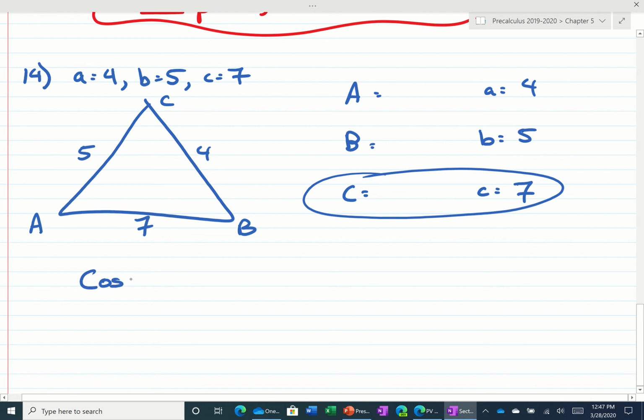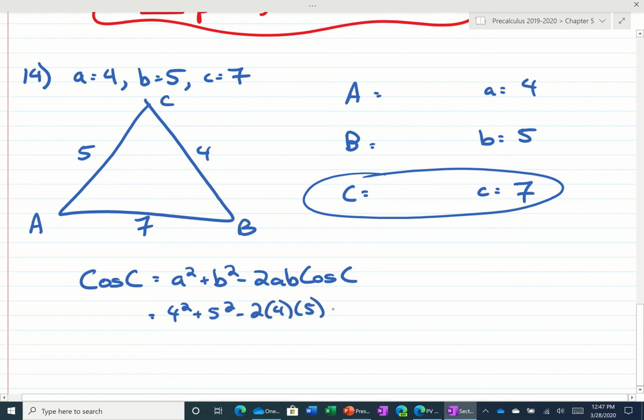The formula is that the cosine of angle C would equal a squared plus b squared minus 2ab times the cosine of angle C. So 4 squared plus 5 squared minus 2 times 4 times 5 times the cosine of 7. Let's see what this is.